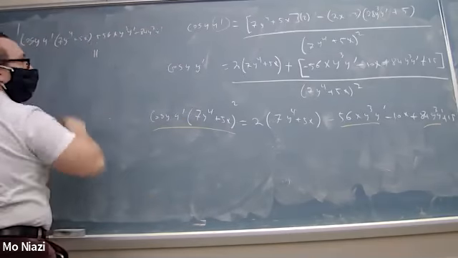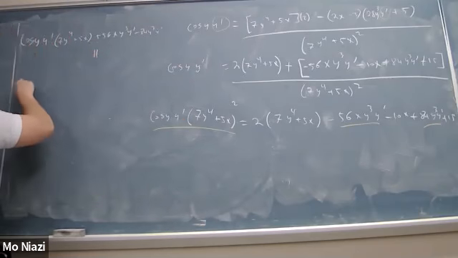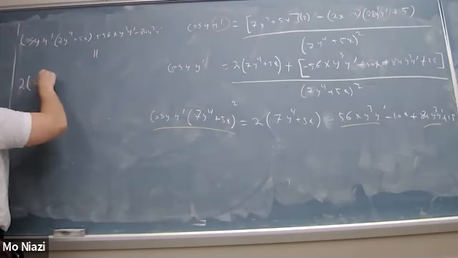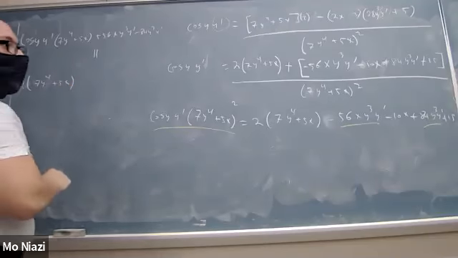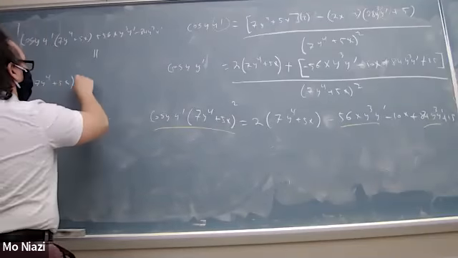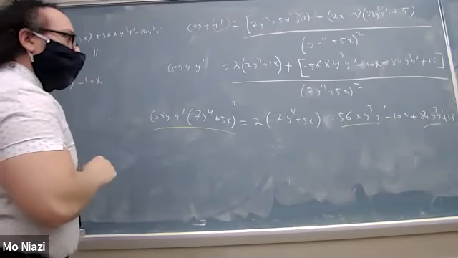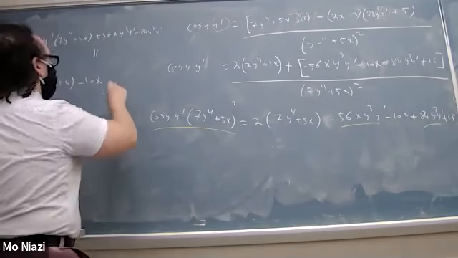That's going to equal 2 times the quantity 7y to the 4th plus 5x minus the 10x plus a 15.